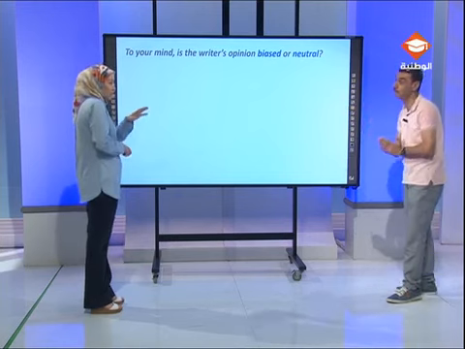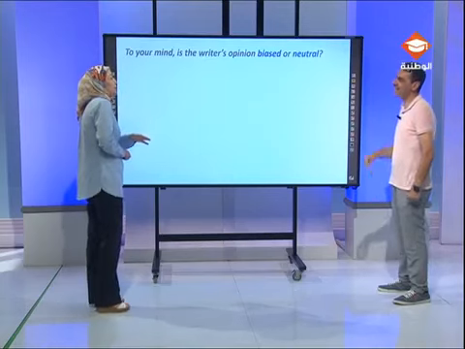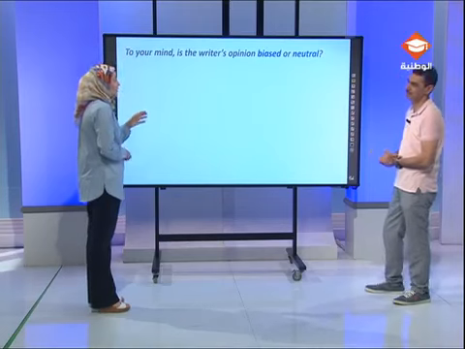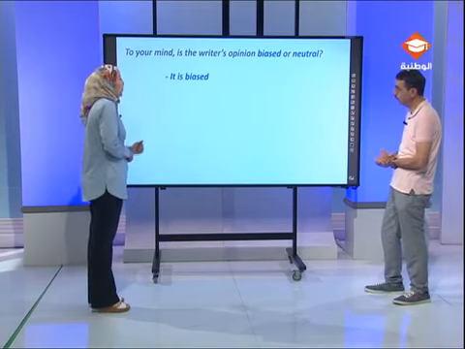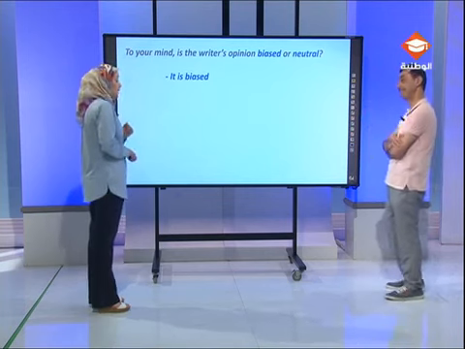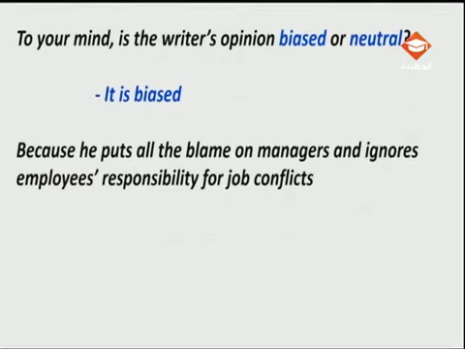Yes, and these statistics and numbers are just to show that he is neutral, okay? Exactly, to make his article convincing. Yes, his attitude is biased, because, as you said, he puts all the blame on managers and ignores employees' responsibility for a job.